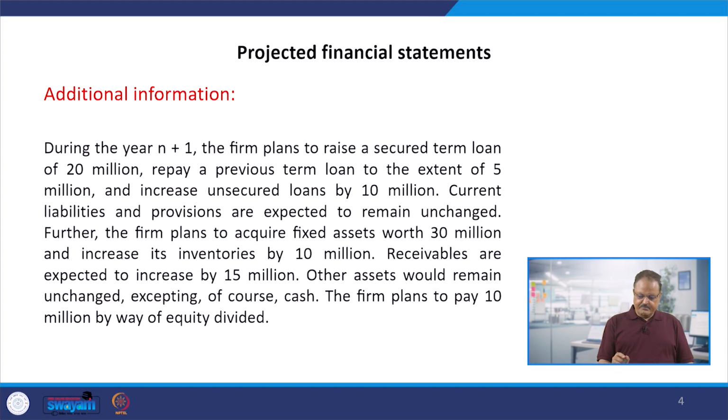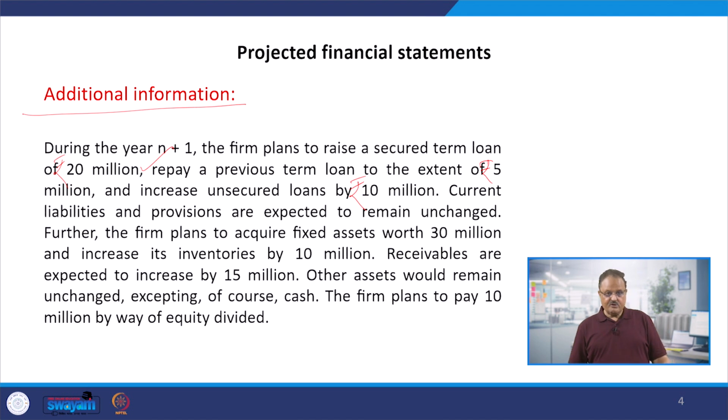If you go through the additional information, it is clearly written here that during the year n+1, for which the projections are going to be made, the firm plans to raise a secured term loan of 20 million rupees, repay a previous term loan to the extent of 5 million rupees, and increase unsecured loans by 10 million rupees, and current liabilities and provisions are expected to remain unchanged, no change in the short term sources of funds.